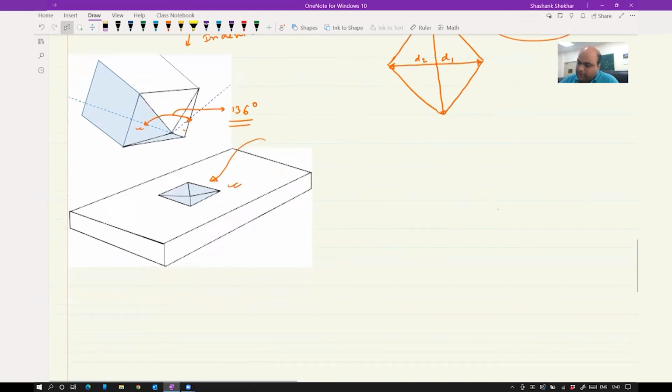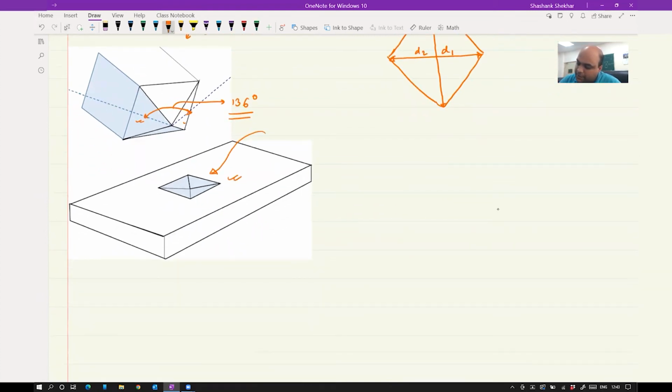The hardness in the Vickers hardness test, we use HV when we call Vickers hardness. Again the formula remains same, P versus area. Here area is your pyramidal indentation area, so that will be given as 1.854 P by D square.